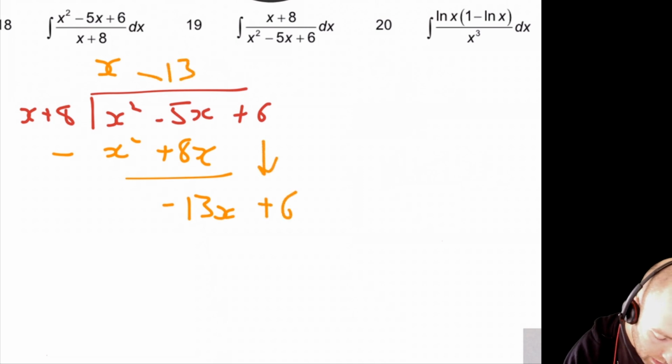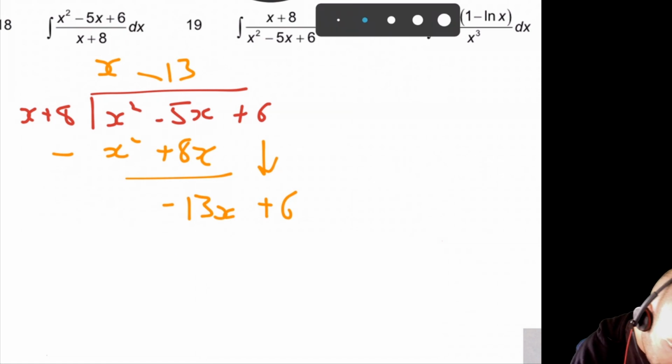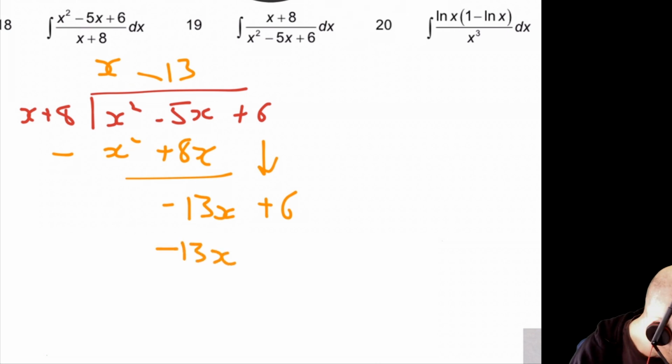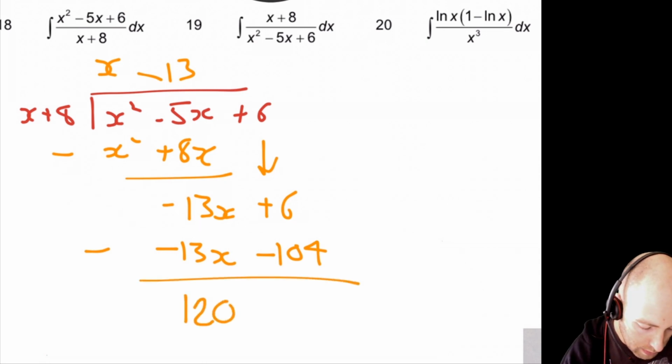Minus 13 up there. 13 times 8 is going to give us 104. Wait, what am I talking about? Being an idiot. Minus that, add them together and get 120.